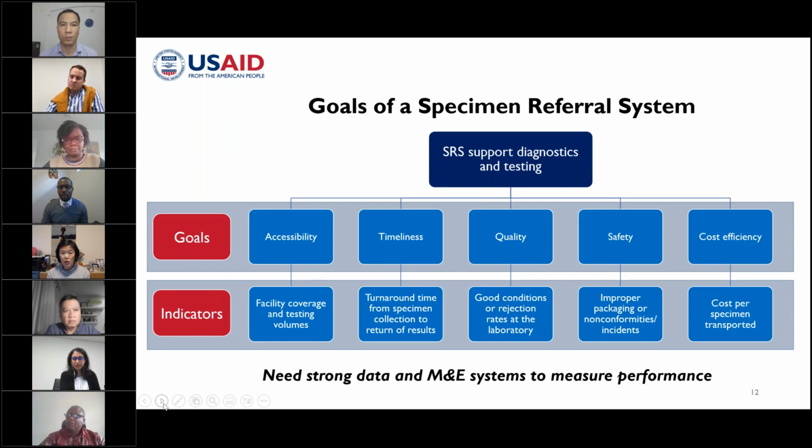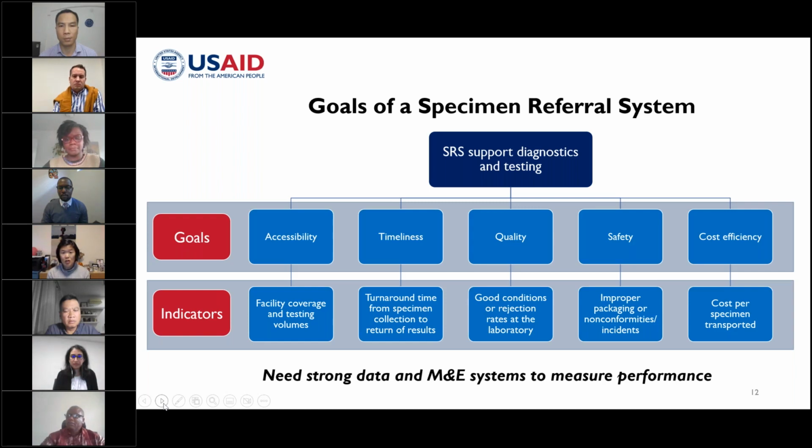Another goal is around quality. So the quality needs to be maintained during transit so that a quality result can be issued. And quality is usually measured by the condition that the specimen is received in at the lab. So this is either good condition rate or can be rejection rate.